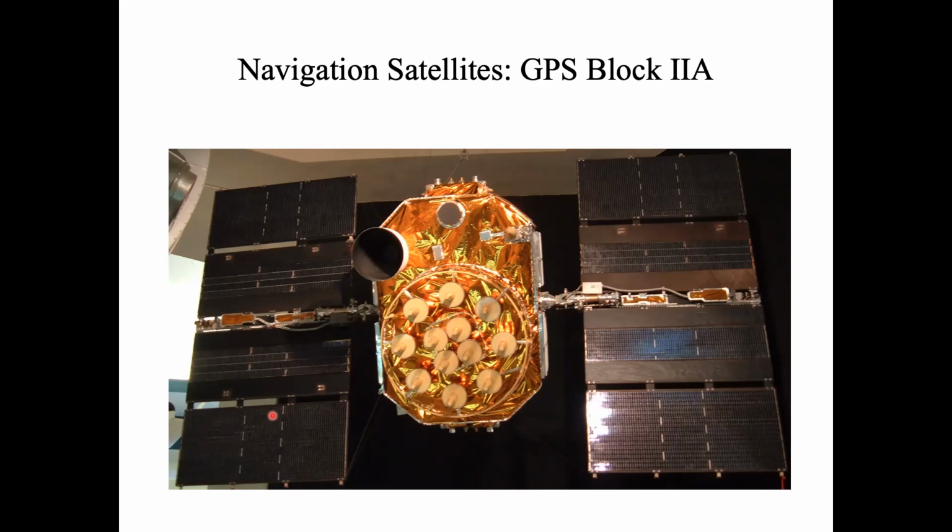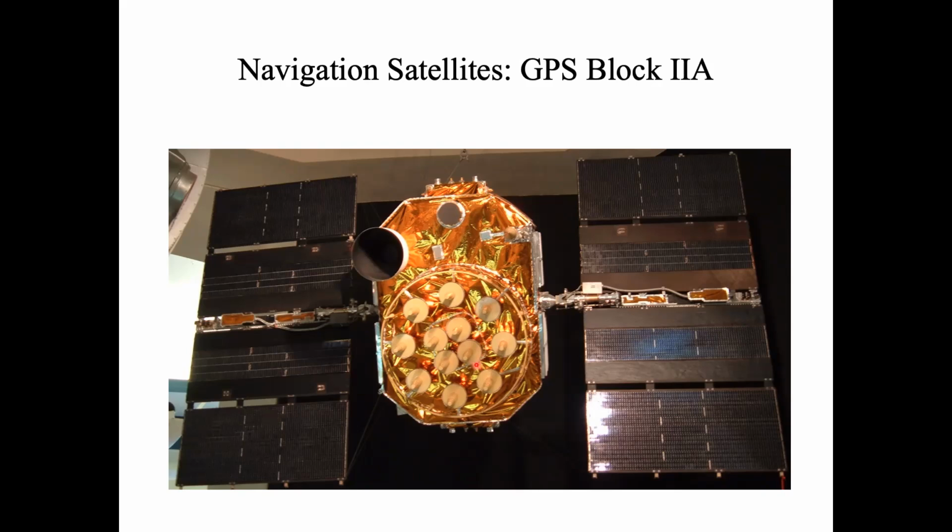And what is provided is the difference between the time of each clock on board the satellite to the time of the constellation, which is defined elsewhere at the master control station, where even more stable clocks are available.